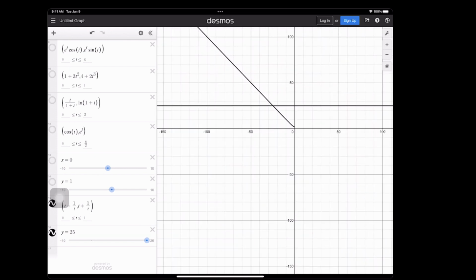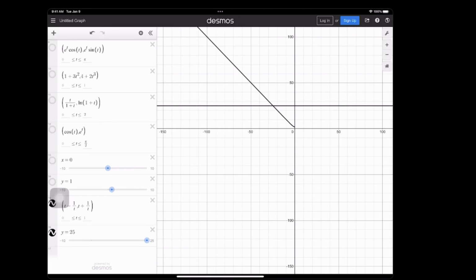Let's see if there's more information here. They should have more information. And the line 2.5.